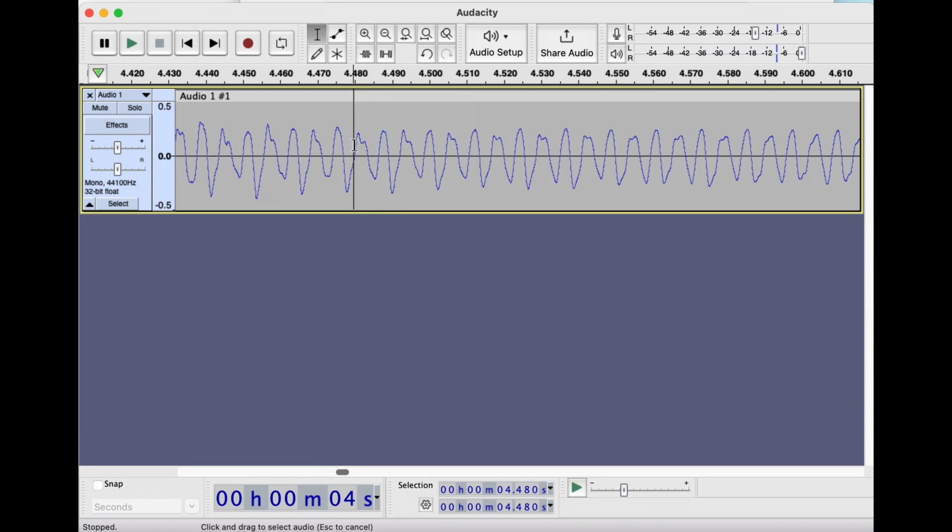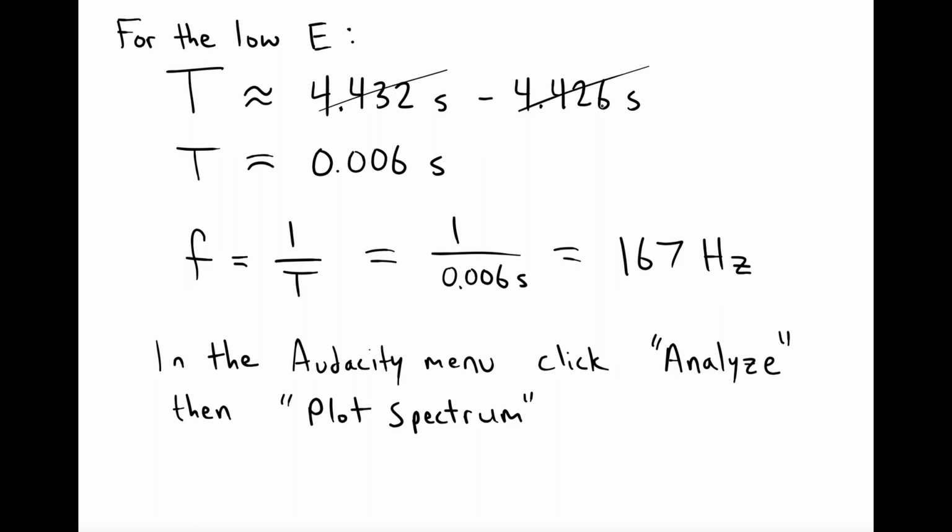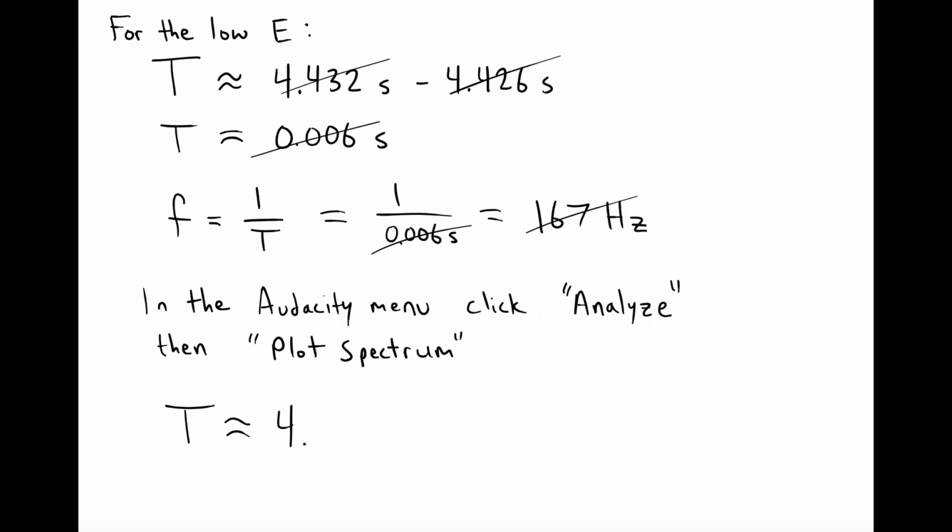So, to get the true period, I'll go from this point to that point. And we can see that the period is going to be actually 4.492 minus 4.480.